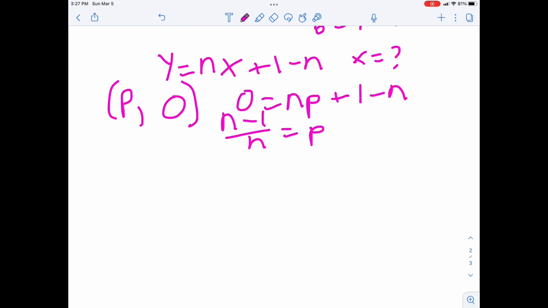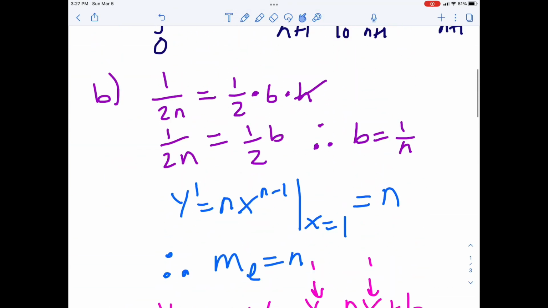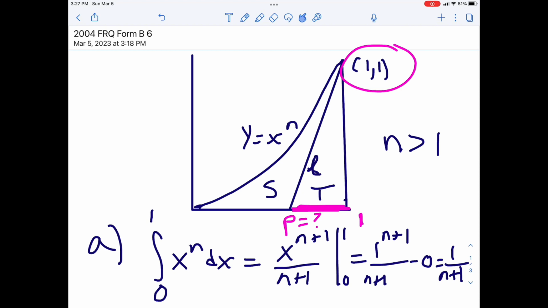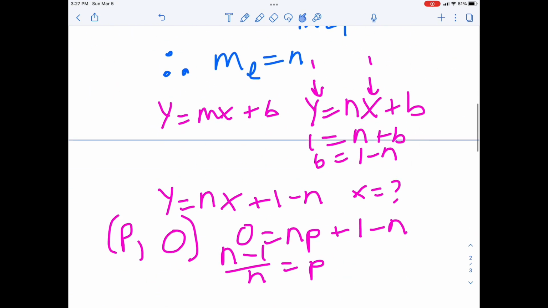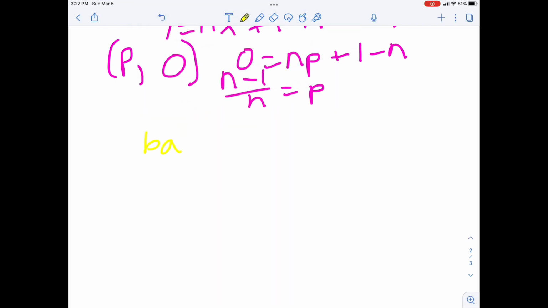And we know that our base, this region that I shaded here, is equal to 1 minus p, because if you think about it, you go all the way out to 1, and then you subtract this point p. So let's do that. I'm going to say that the base equals 1 minus (n minus 1) divided by n.